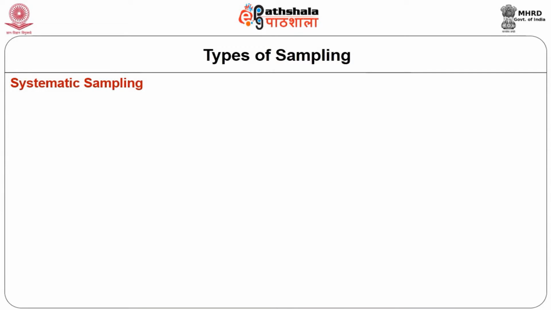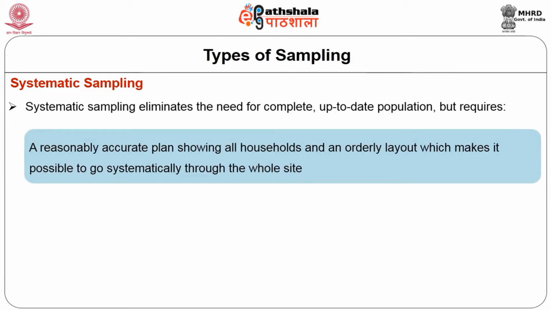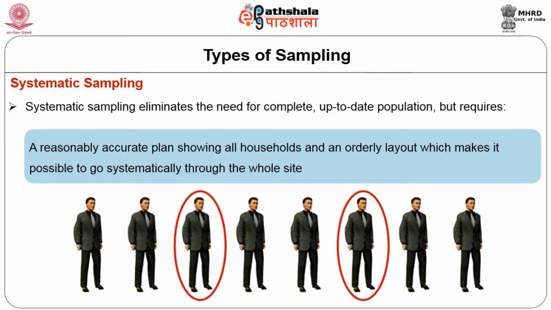Now, we will talk about systematic sampling. Systematic sampling eliminates the need for a complete, up-to-date population list but requires a reasonably accurate plan showing all households in an orderly layout, which makes it possible to go systematically through the whole site.